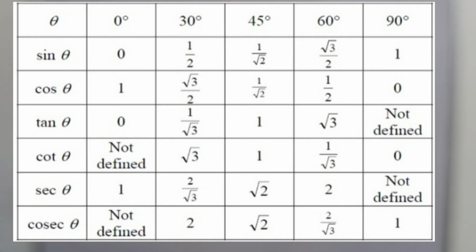So first let us see how the values of T ratios are determined for these standard angles, right? First, let us see how the values are determined for the angles 30 degree and 60 degree. So let's start with the values of T ratios of 30 degree and 60 degree, right?